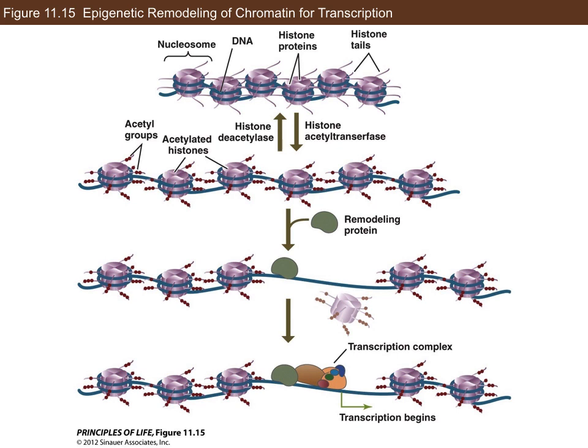Okay, so there are other remodeling proteins that you don't need to know the specifics of, but once the DNA has been loosened by the transfer of acetyl groups to the histones, then these additional proteins can come in and remove histones completely. And that turns the DNA from heterochromatin into euchromatin.